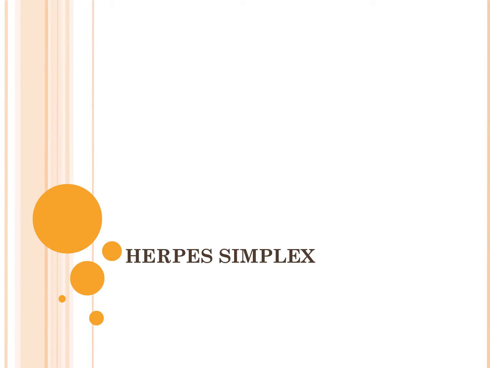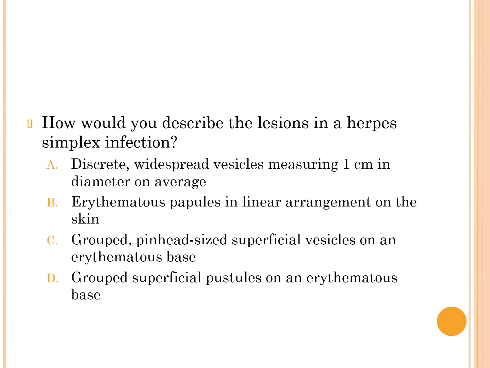Now let's start with herpes simplex. Our first question is, how would you describe the lesions in a herpes simplex infection? Are they discrete widespread vesicles measuring 1 centimeter in diameter on average?